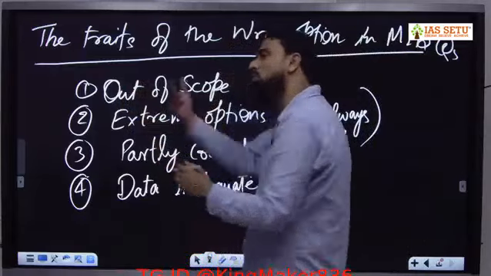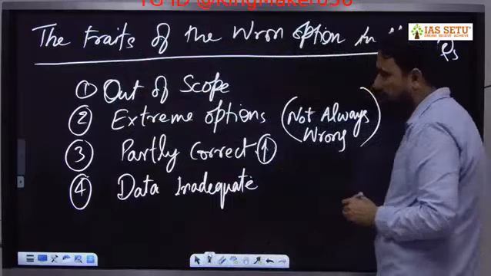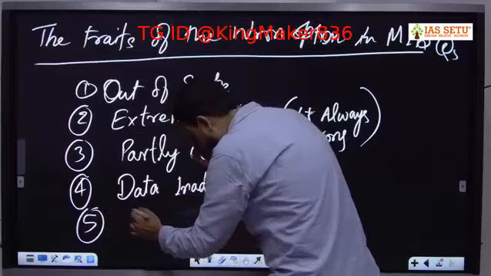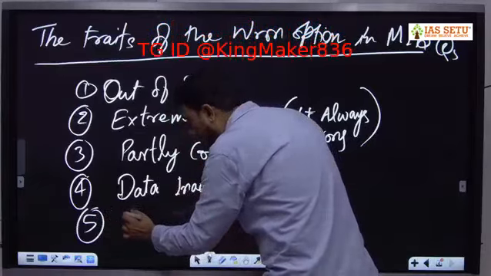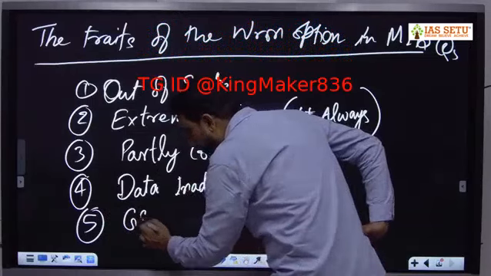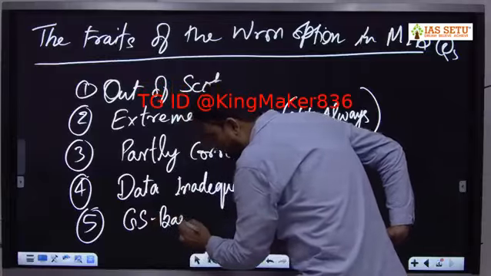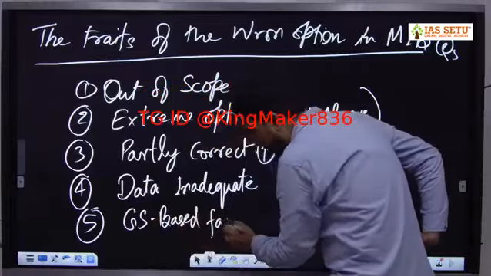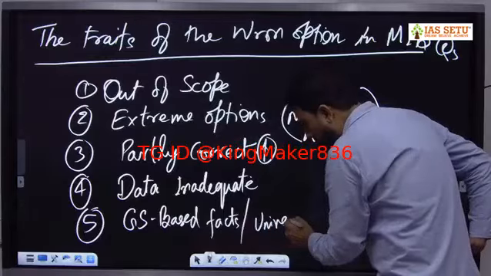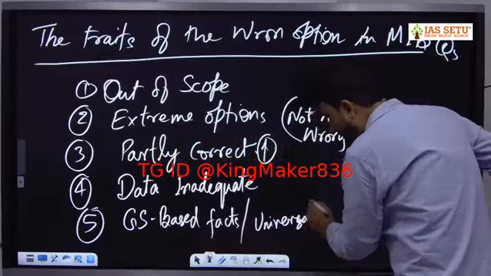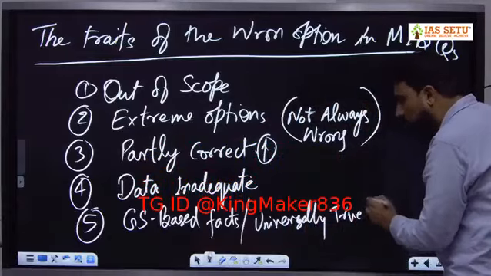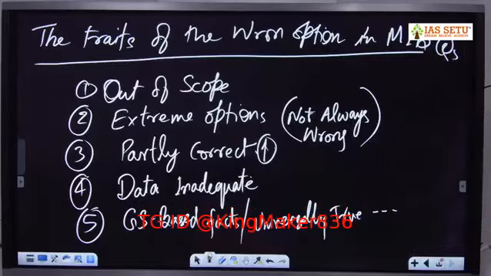Out of scope is totally new information given there. And this one I'm writing, and please understand my perspective here. देखिए GS based facts, universally true or generally true, this type of points he also uses.